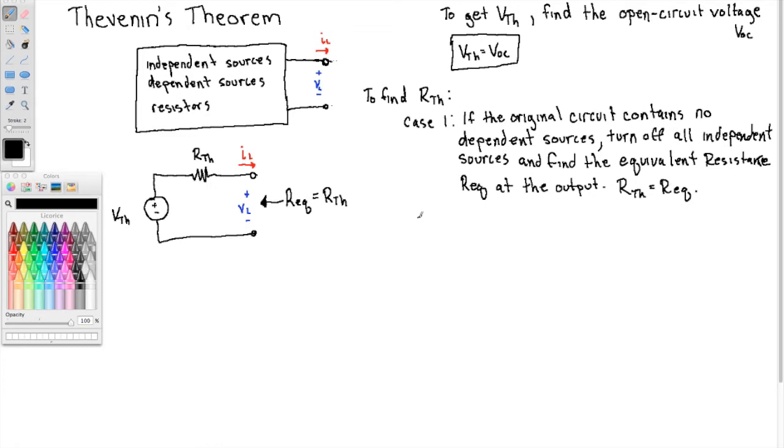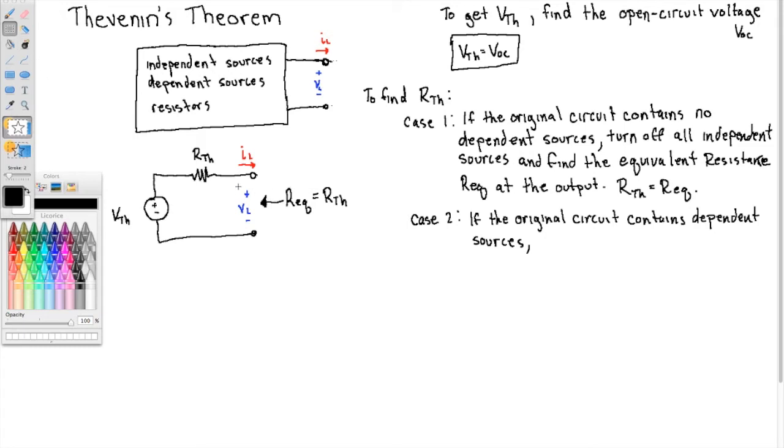Okay, there's a second case though. Case 2, if the original circuit contains dependent sources. Okay, then we have a different method, and I just want to illustrate that to you here.